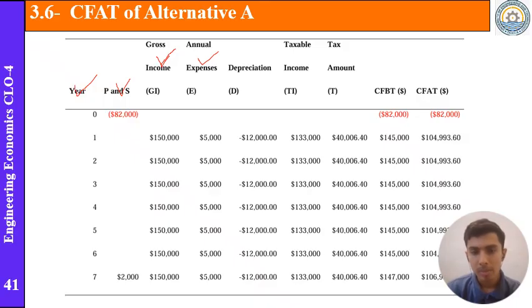The depreciation method that I have selected for this project is straight line depreciation, which is the initial investment minus salvage value divided by the number of years of the project. Here the tax amount is calculated by multiplying the taxable income by the tax rate. The tax rate considered for this project is also 30%. The cash flow before tax is mentioned in the second last column, and the cash flow after tax is calculated by subtracting the tax amount from the cash flow before tax.